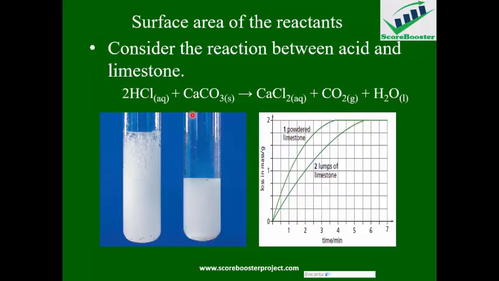The gas can easily escape from the mouth of these test tubes. So when the CO2 escapes, we have only water and calcium chloride, whose mass we can easily measure. The differential in the mass tells us that the reaction has taken place.